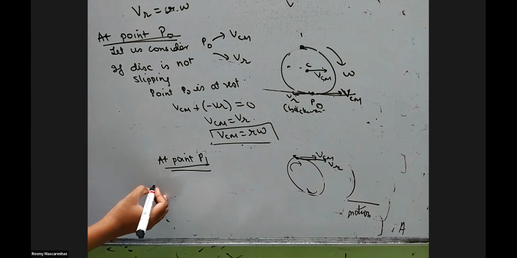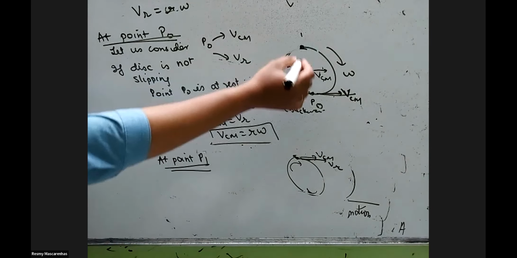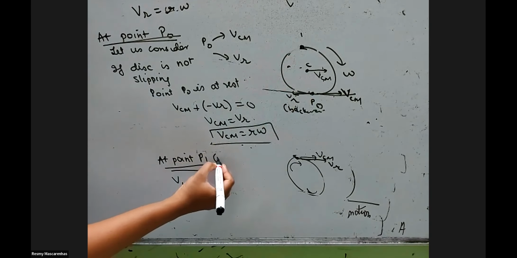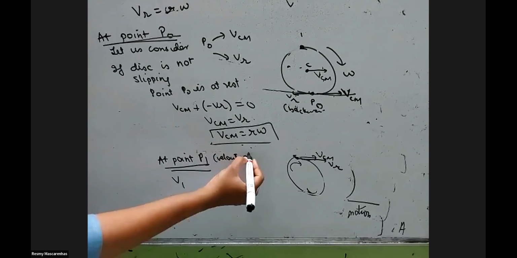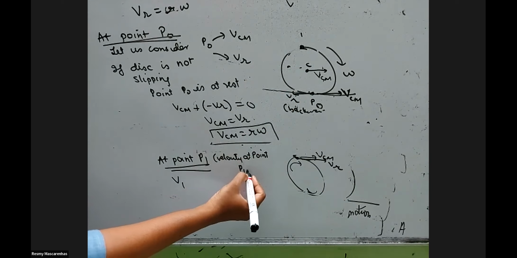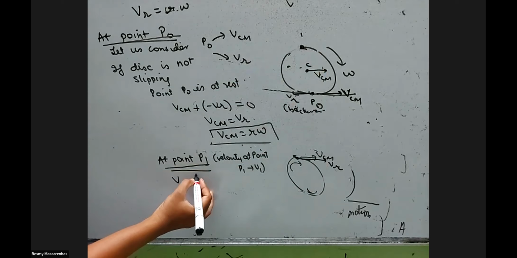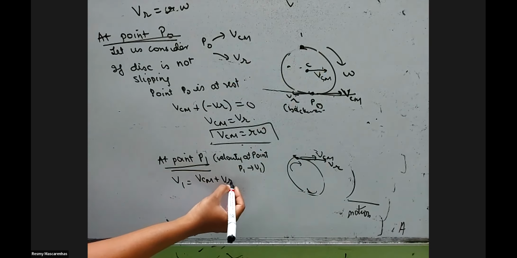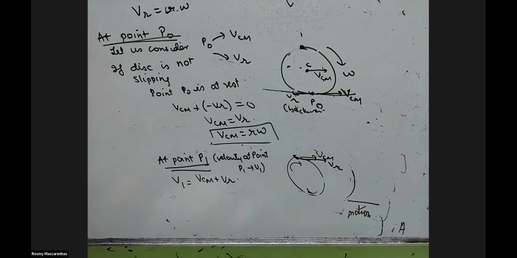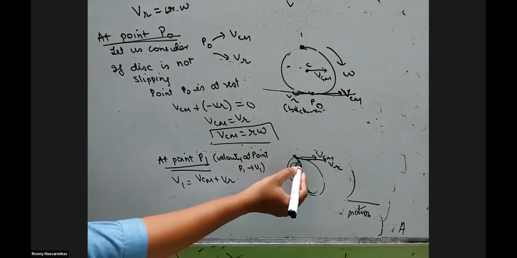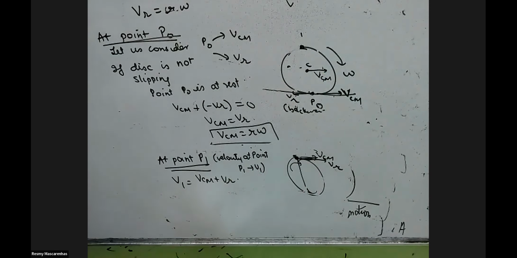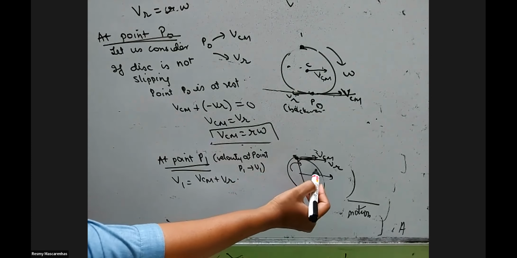Okay, so the total velocity at this point, let it be V1. So V1 will be what? Both are in the same direction, which means they will get added. And exactly they'll be equal at this point, the rotation as well as this, because this is also VCM.